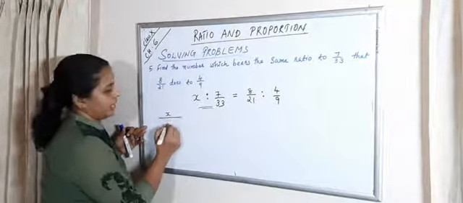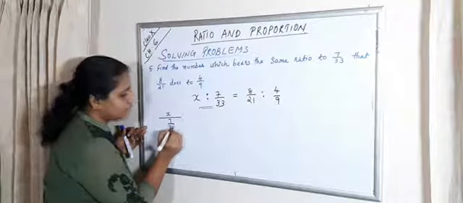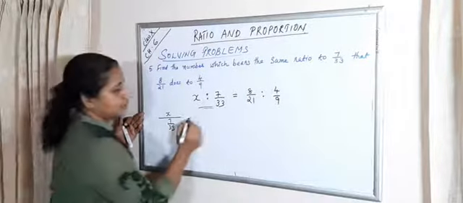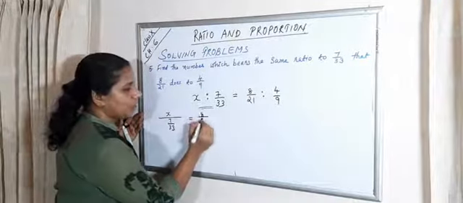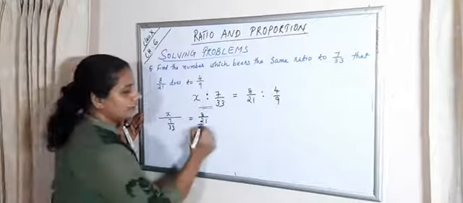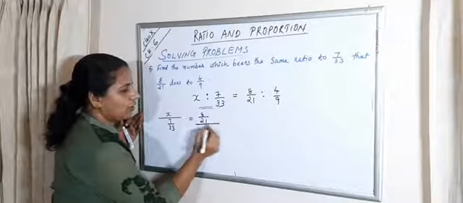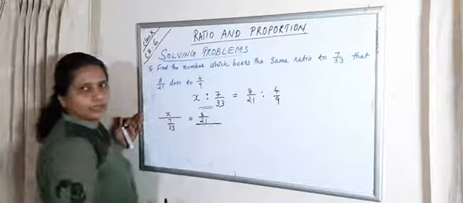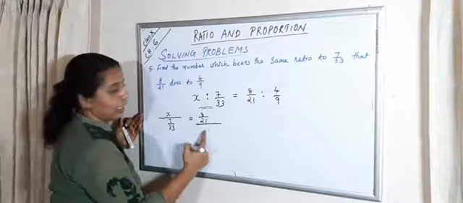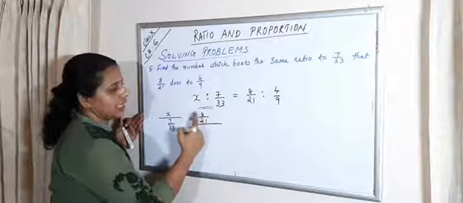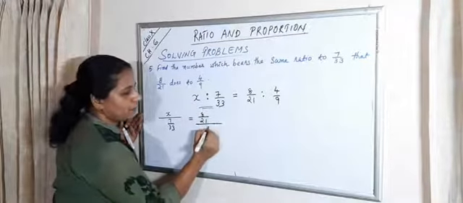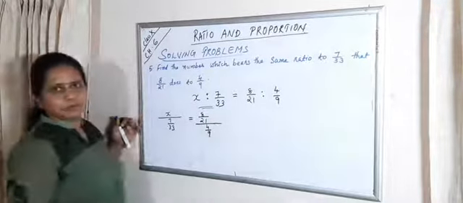So x divided by 7 by 33 equal to 8 by 21 divided by 4 by 9, with a long line to separate the fractions.